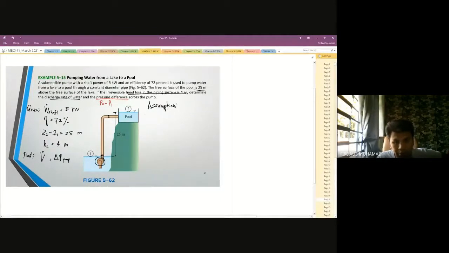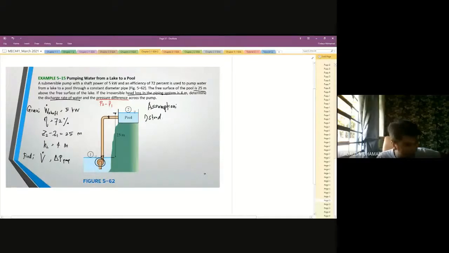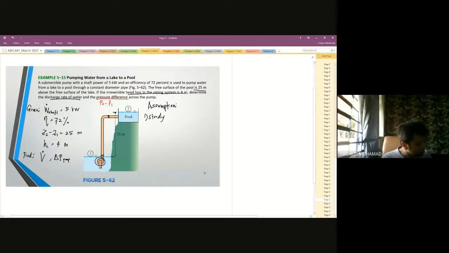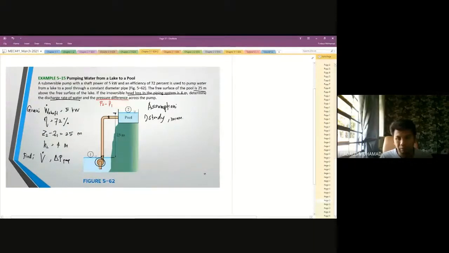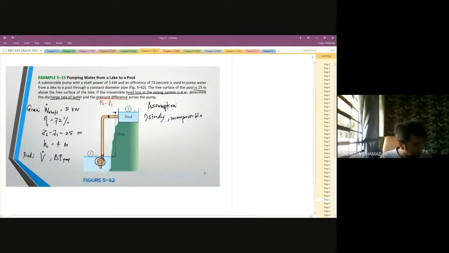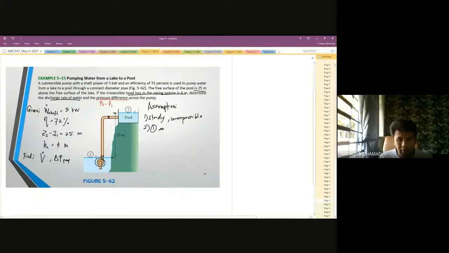Okay, so of course kita kena start dengan assumption lah. Okay, so assumption kita number one steady. Apa lagi assumption dia? This is water, so incompressible. Lagi? So point 1 and point 2 ni boleh buat exposed to the atmosphere.